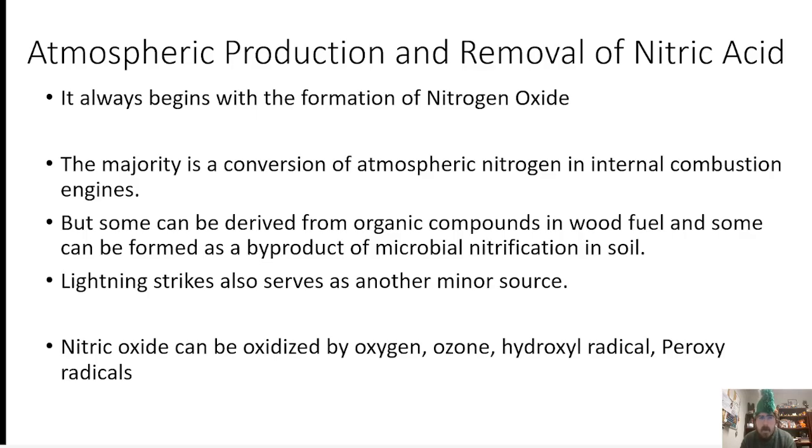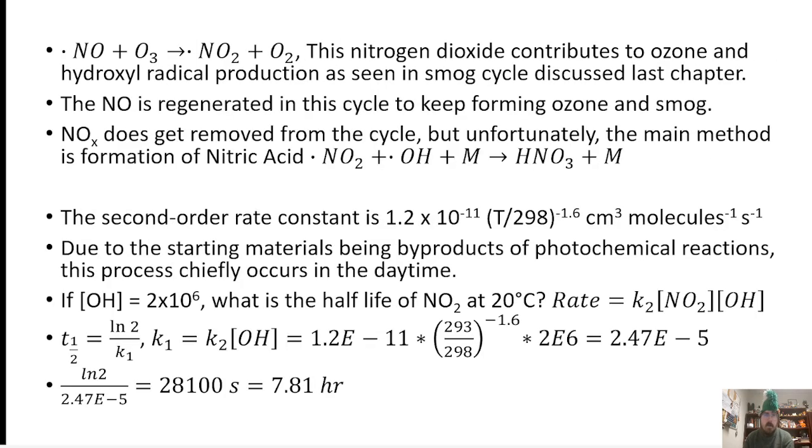Now, nitric oxide will be oxidized by oxygen, by ozone, by hydroxyl radicals, by peroxy radicals, all of this to get us to where we'll eventually need to be. So some of the same reactions we saw in smog will play a part here. Like NO will form NO2 in the presence of ozone. That's one of our big ones.